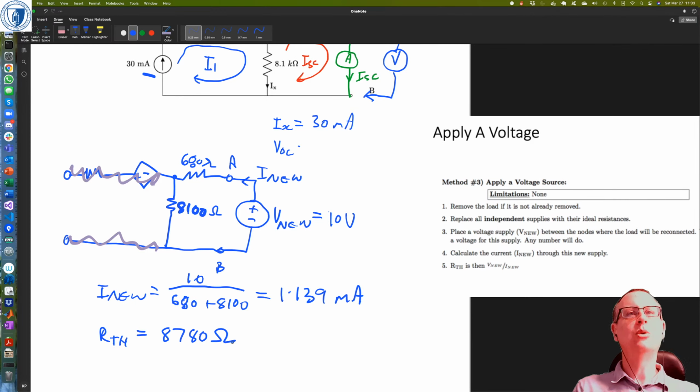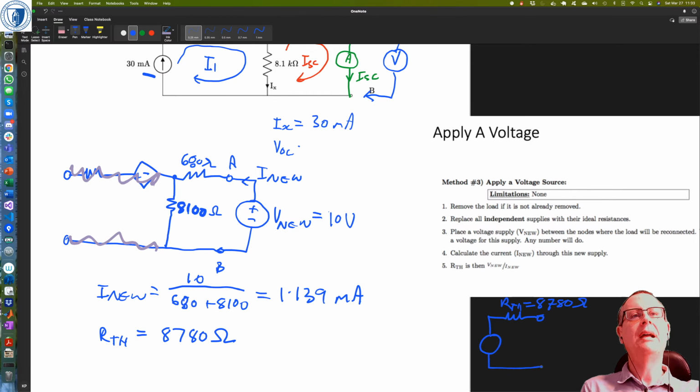Now remember, in order to write down the Thevenin and Norton equivalents, I need to be able to write down RTH, which we have, and VTH, which we haven't got yet.